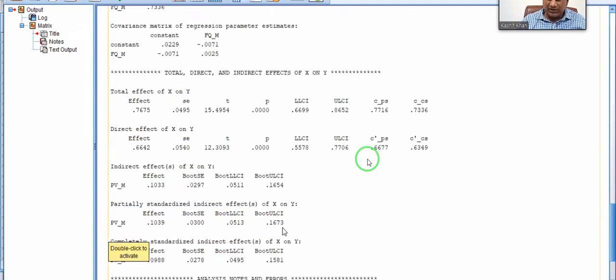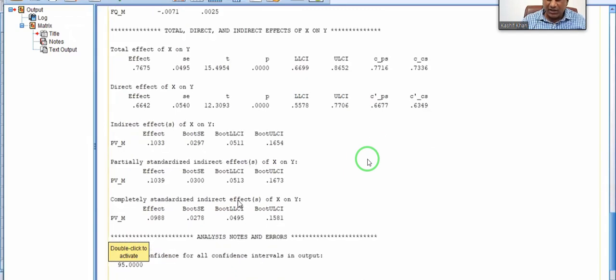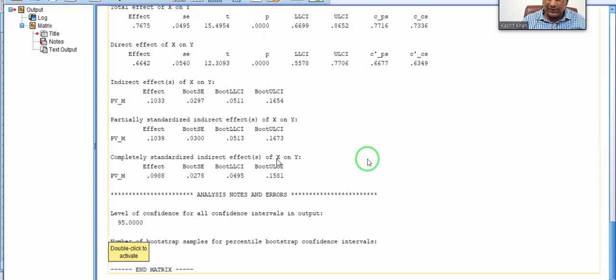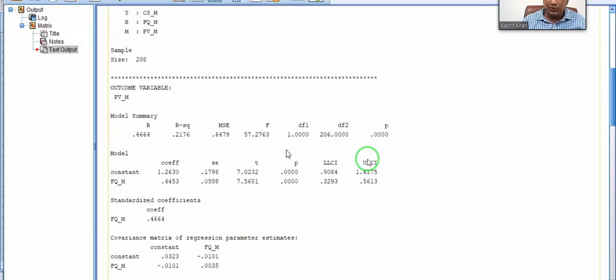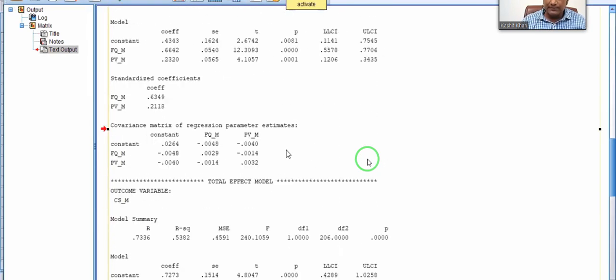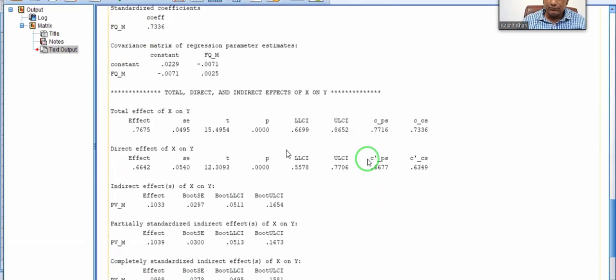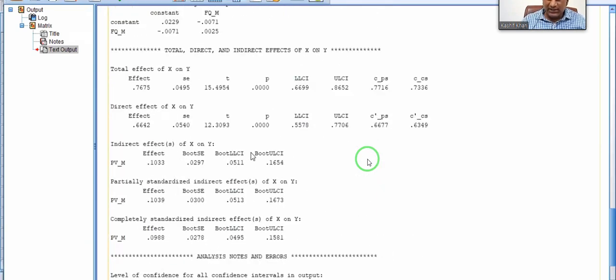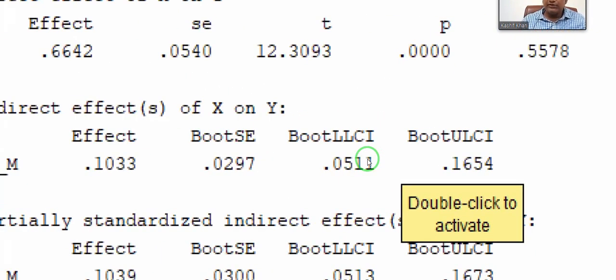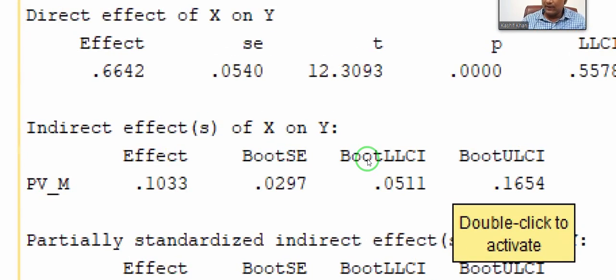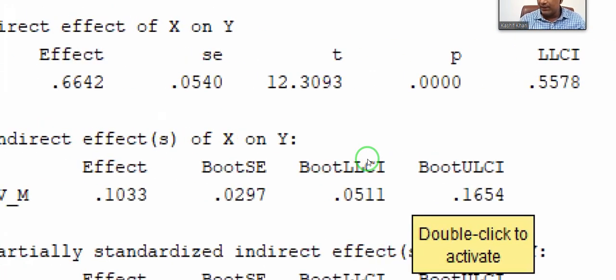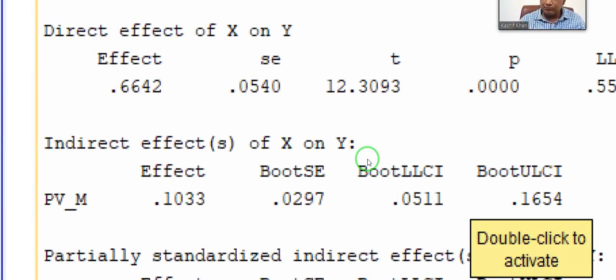So the problem with this indirect effect is that you will not see the p-value. Rather, you will see both UL, that means upper limit, and lower limit.